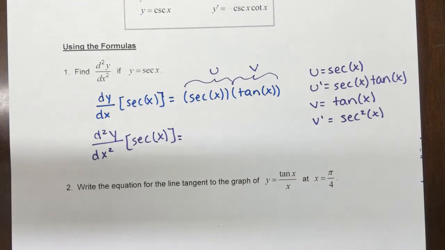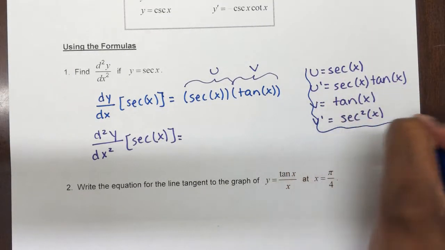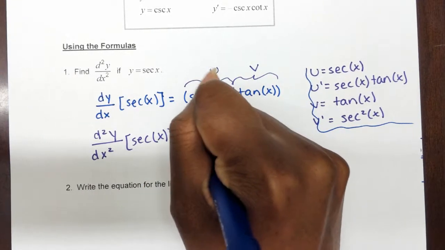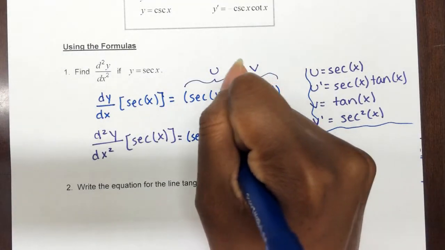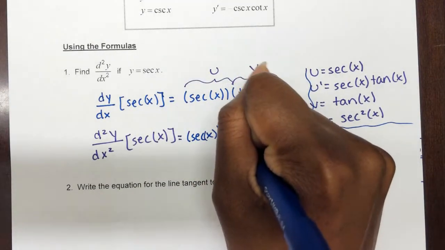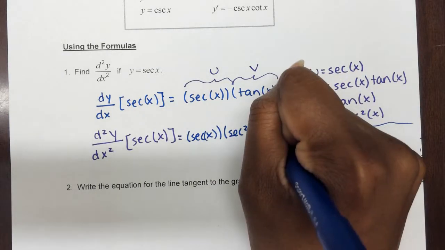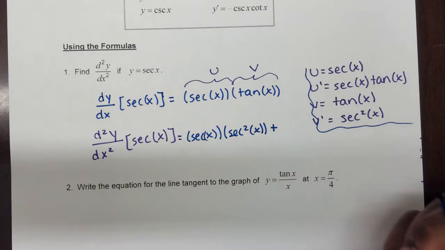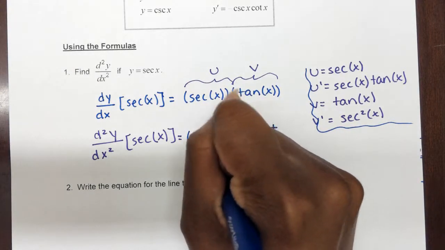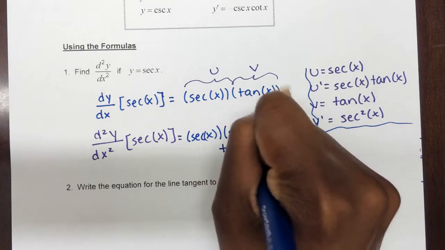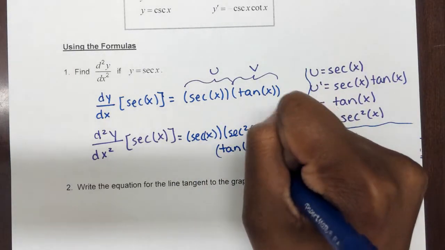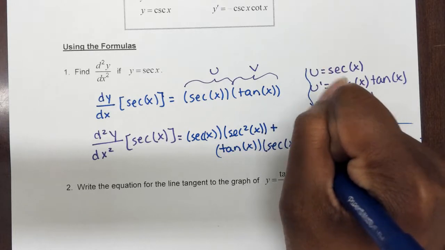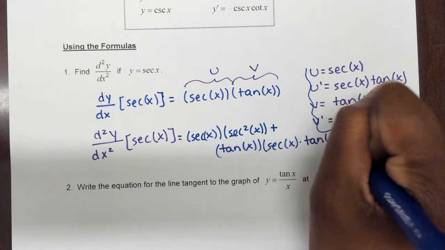So we should have secant x times secant squared of x, plus tangent of x times secant x tangent x.